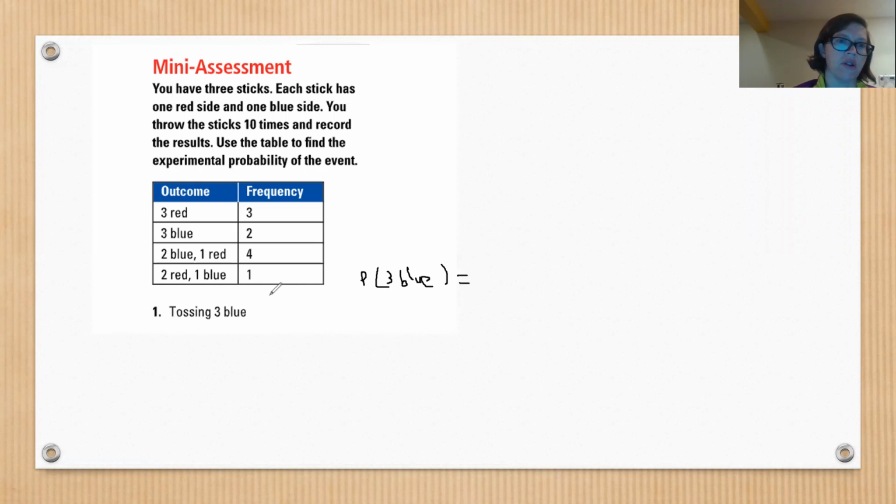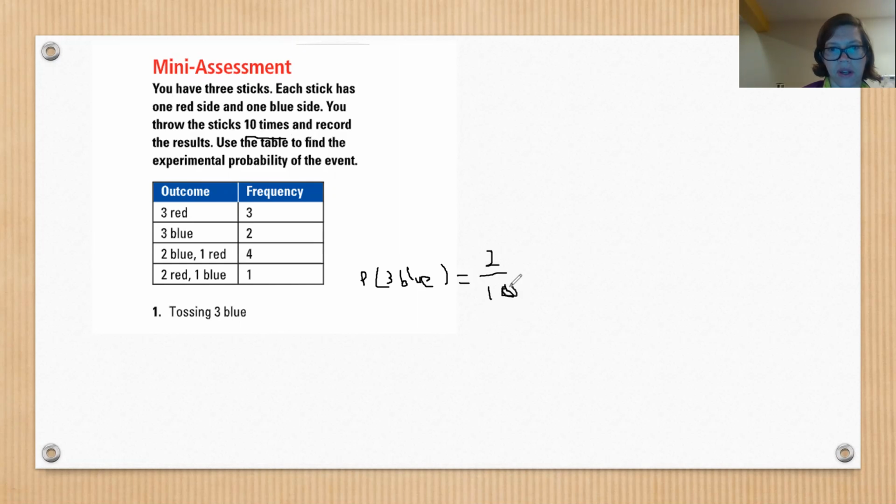So we need to go over here to our chart and look, and what was the frequency of 3 blue? Well, it was 2. So I'm going to put that number on top, right? And on bottom should be what? The bottom should be the total number of times the stick was thrown, which was 10 times, right? That's going to go on the bottom.